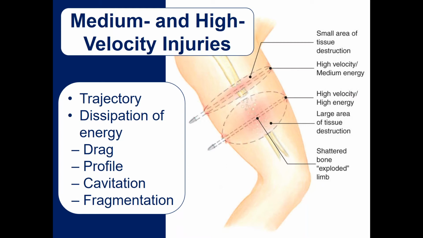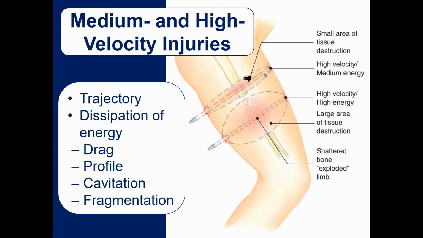But if you look at the picture here, you have what we call cavitation being depicted for you. And you see this extra wound cavity right here, right? You see the little oval shape. That is the pressure wave of that bullet passing through the tissue.